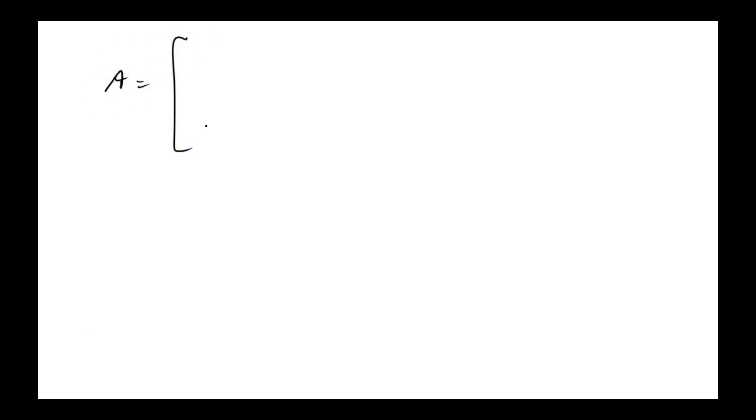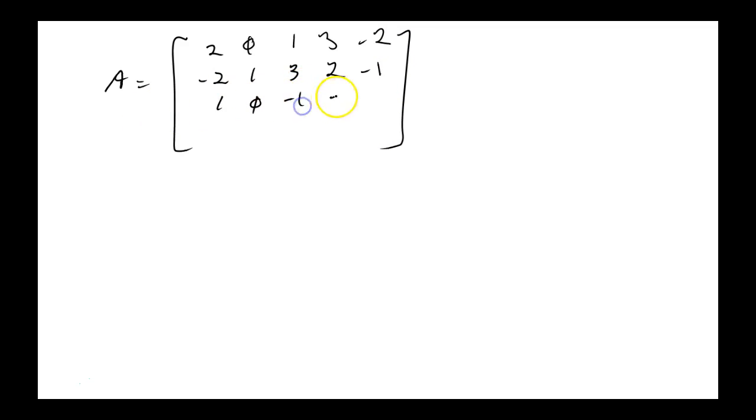Okay. This would be a 2, 0, 1, 3, -2. Really, a disgusting part of it is it's so easy to miss one number in here. -2, 1, 3, 2, -1. A 1, 0, -1, 2, 3.